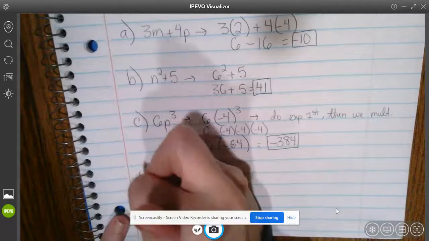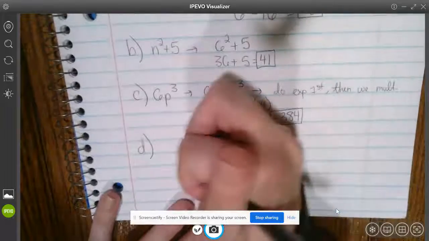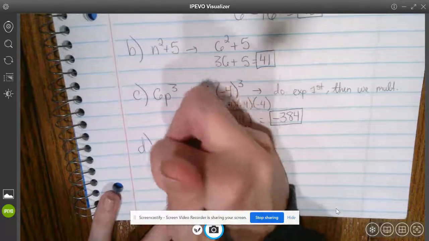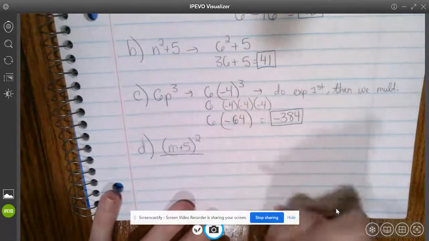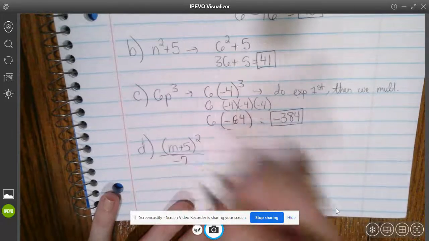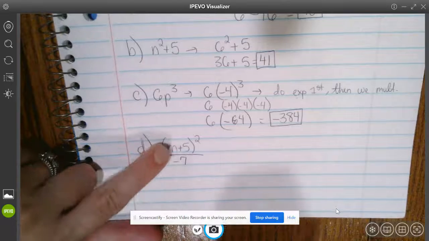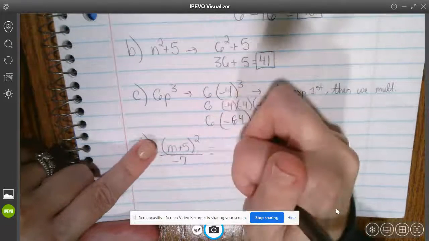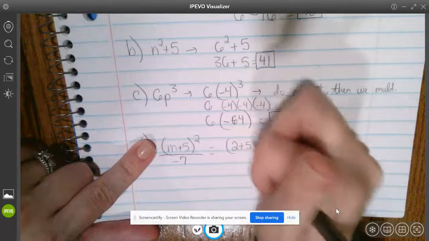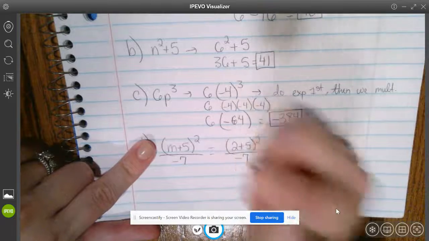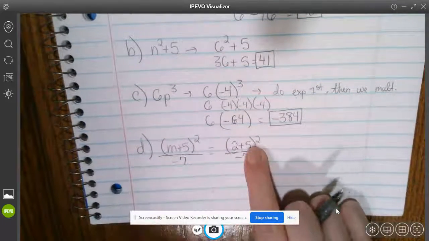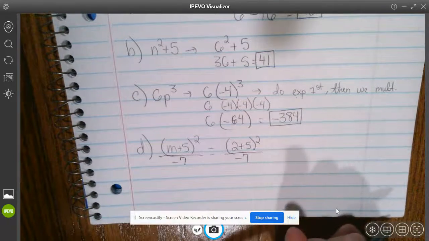All right, last one for today. We got m plus 5, all of it being squared, and then on the bottom, we have -7. The only number I need to fill in is m right here, and m is 2. So I'm going to rewrite the whole thing. Now, do I take 5 squared first?